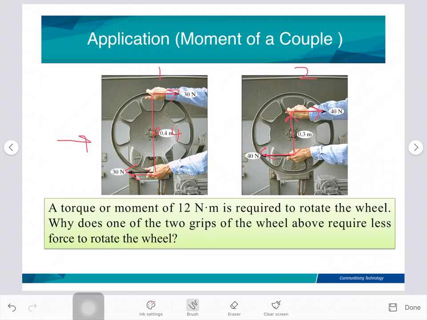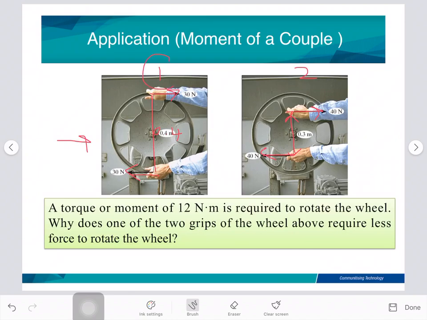So here, a torque or moment of 12 Newton meter is required to rotate the wheel. Figure 1, 30 times 0.4 is 12 Newton meter, and figure 2, 40 times 0.3 is also 12 Newton meter. So, why does one of the two grips of the wheel require less force to rotate the wheel?